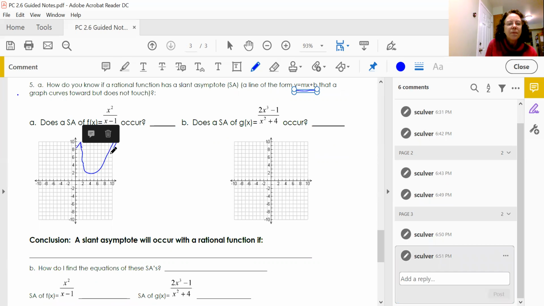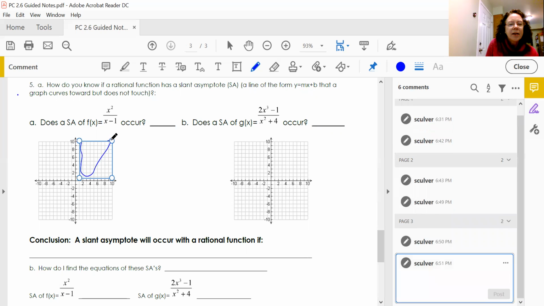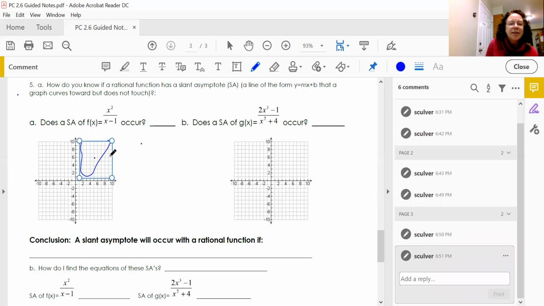There we go. Let me try that again. That's not what I meant. Let's see. Well, looks like it's just going to want to stay there. And let's go to the vertical asymptote. Let's see if it'll let me erase that.